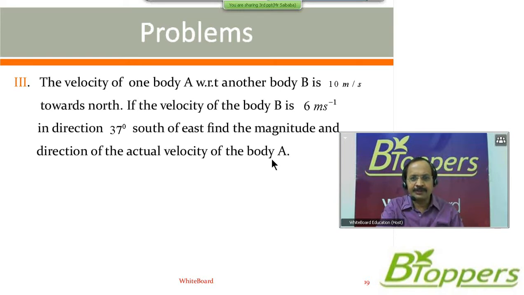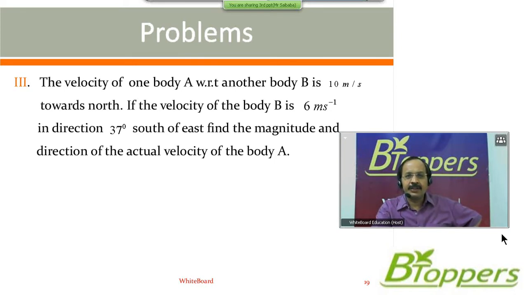You can observe that in this case you are asked to find the actual velocity of the body A. That means you are not given the actual velocity of the body A, because you will not be asked for what is given in the problem directly.